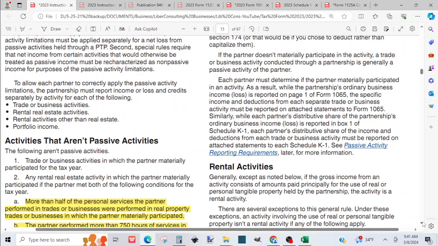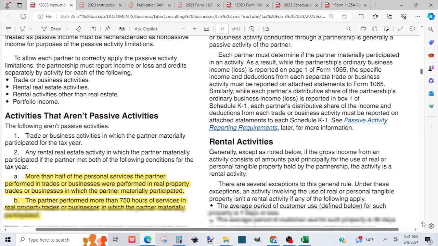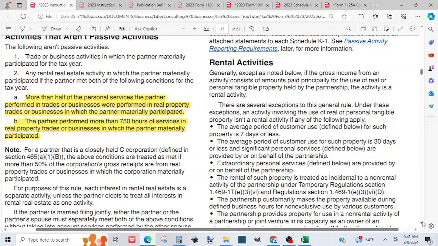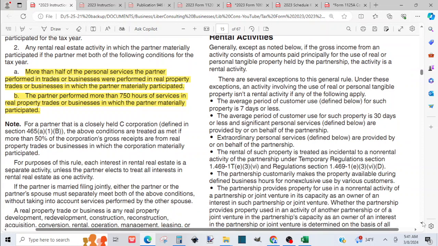So you can see passive activity information as well. But there are some instances where rental property might be considered active. So they have things that you can read if you have a rental property. Many rental properties will have an LLC.